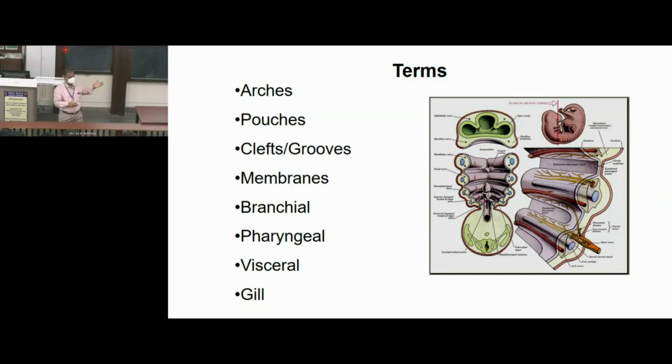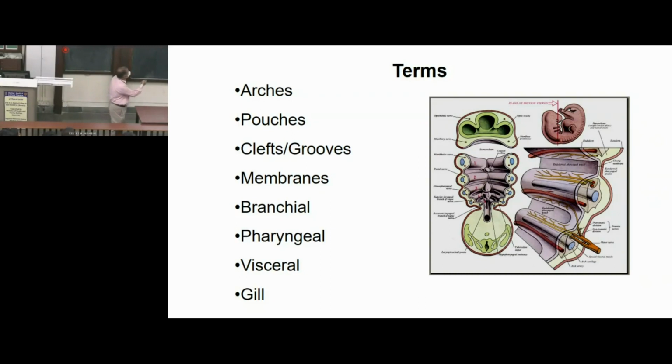Therefore, visceral arches. Gill and branchial are synonymous; gill arches or branchial arches refer to its derivation from its role in fishes. Clear about the terminologies? Because that's the root, the essence of this class. If you are aware of the terminologies, the rest is all simple.